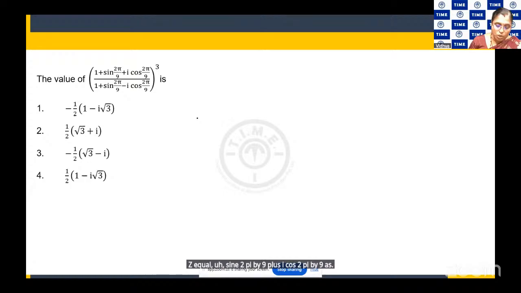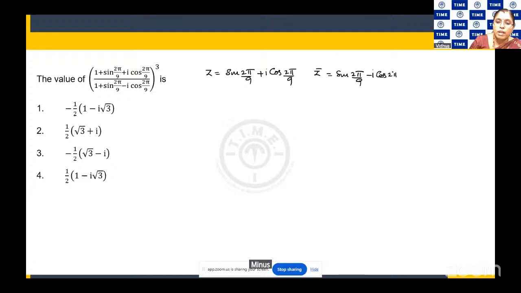Let z is equal to sine 2 pi by 9 plus i cos 2 pi by 9. So what will be z bar? z bar will be sine 2 pi by 9 minus i cos 2 pi by 9.